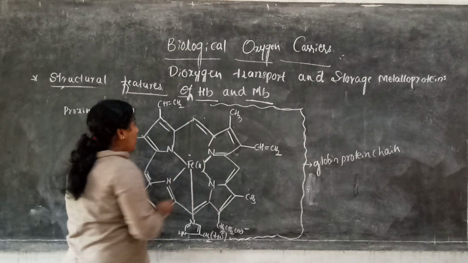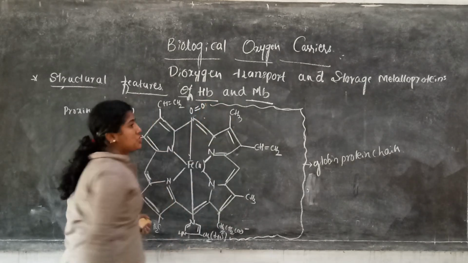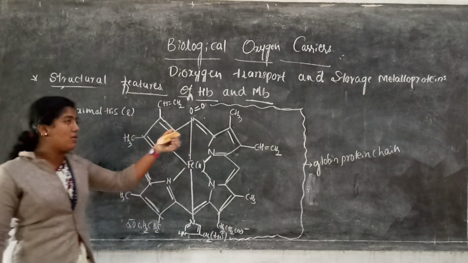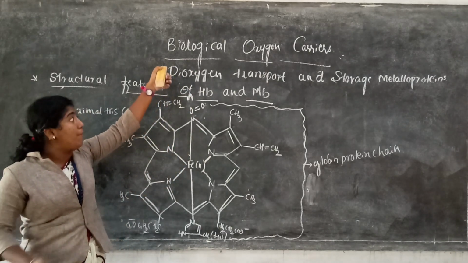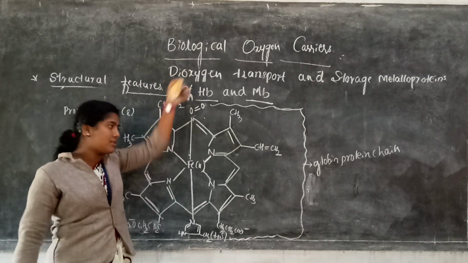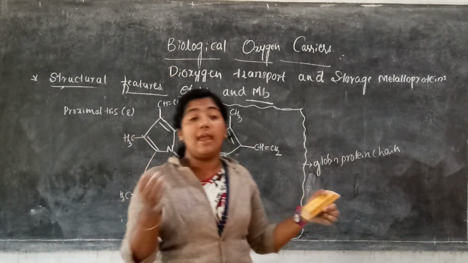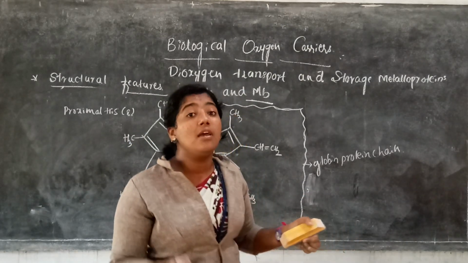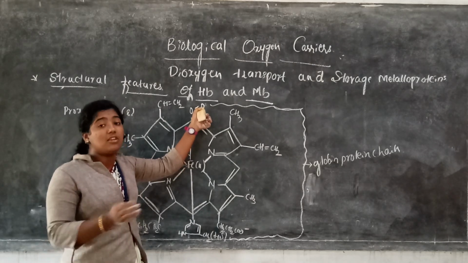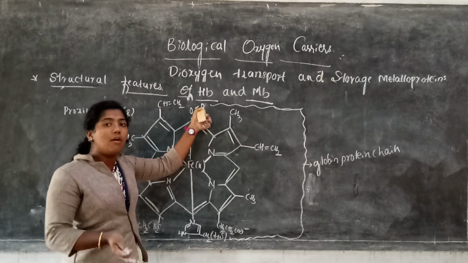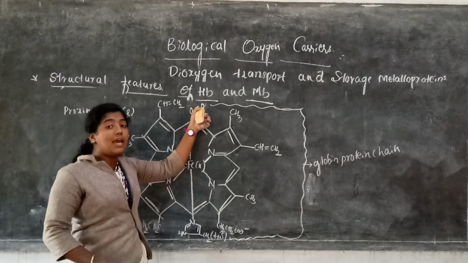After oxygenation it is strongly bound with dioxygen. Today's heading is biological oxygen carriers. Hemoglobin, myoglobin, hemocyanin and hemerythrin are where dioxygen binding takes place in the oxygenation form. Here also iron is coordinated at the sixth site by dioxygen.